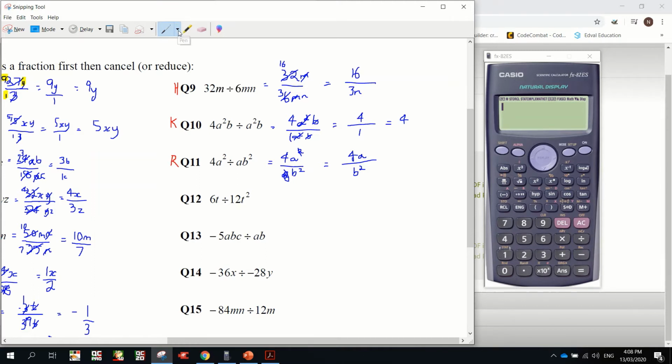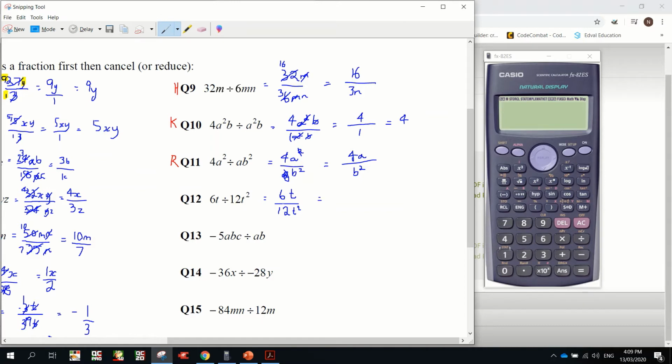Question 12. 6t divided by 12t squared. All right, highest common factor.